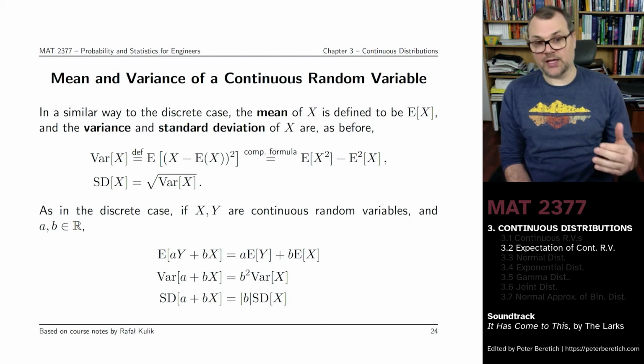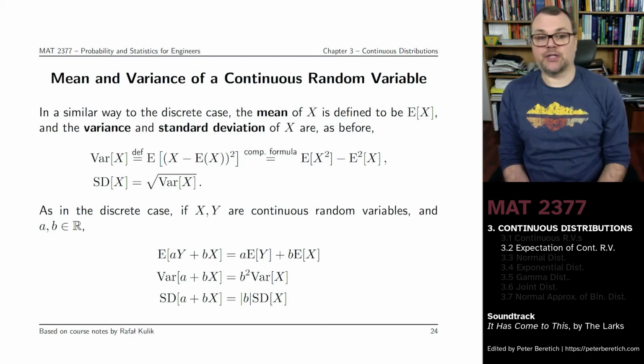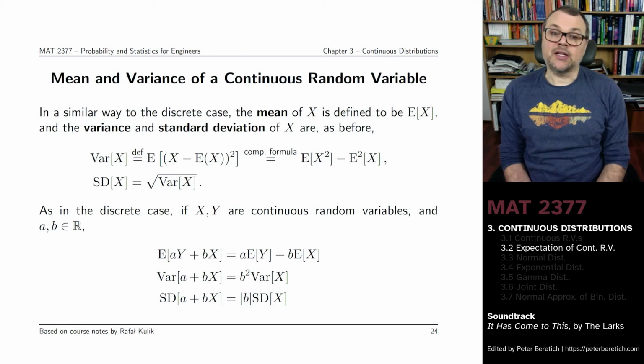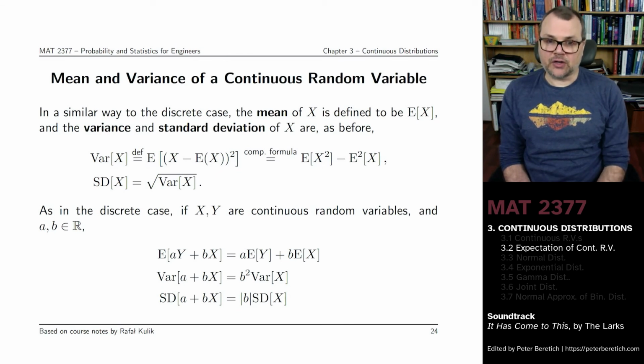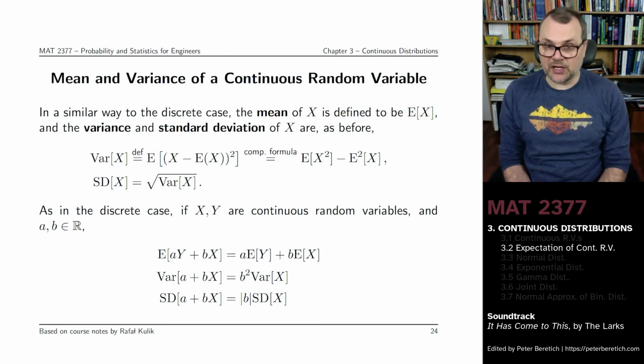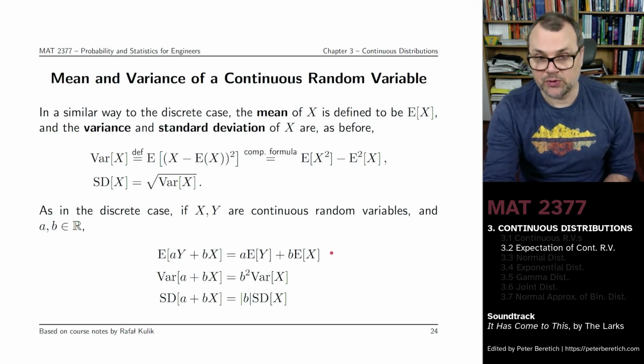And in the discrete case, we had a bunch of relationships looking at linear combinations of random variables. Well, the expected value of a linear combination is the linear combination of the expected values. So that works as we would expect.